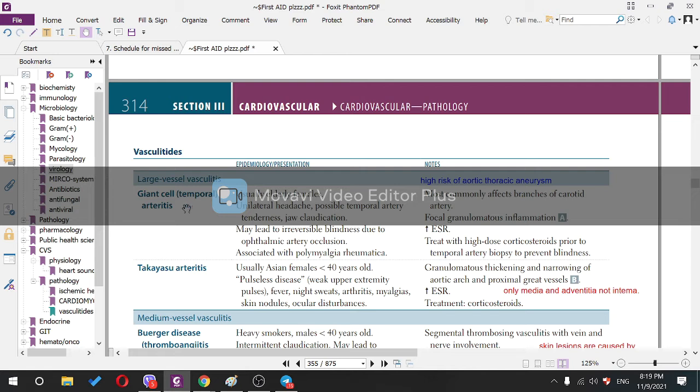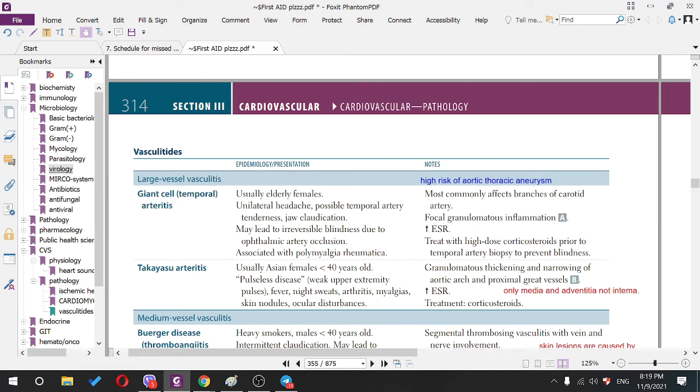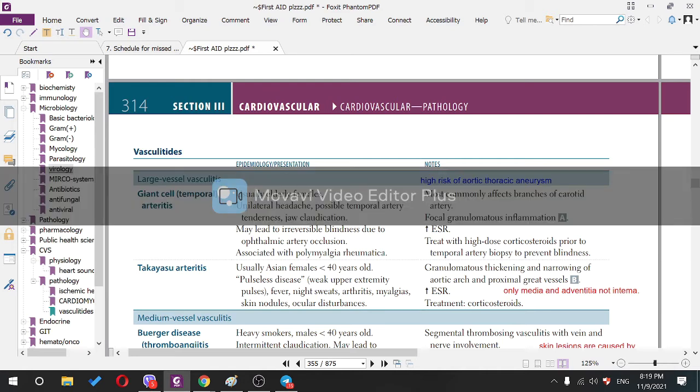The first thing to know is that it's in a really old person, more than 50, okay? And it's in females. Why? Because most of the vasculitis are in females, but especially this one, it will be always in a female, in the US mainly. The patient will be complaining of unilateral headache. Why? We'll say why in a moment. And they will have temporal artery tenderness.